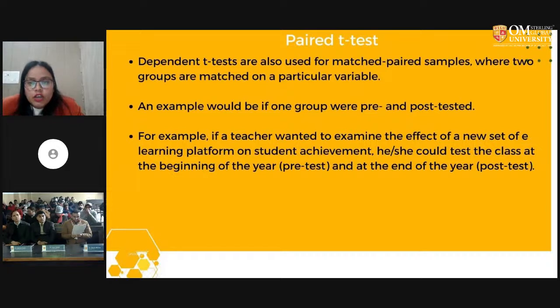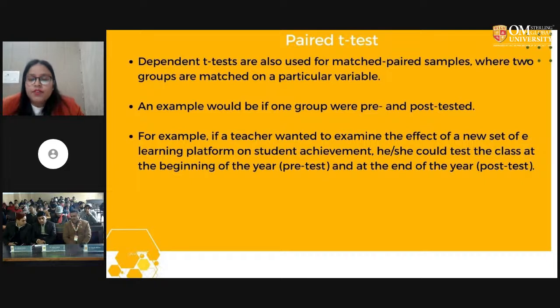Now talking about the paired t-test. The paired t-test is also known as the dependent t-test, where we are comparing two groups, but the group will be the same, and we'll be conducting a pre-study and a post-study. For example, we have one group with a pre-test and post-test. A teacher wants to examine the effect of a new e-learning platform on students' achievement.